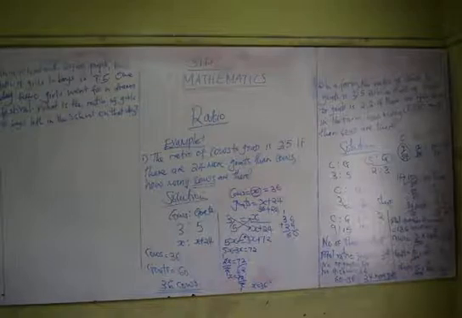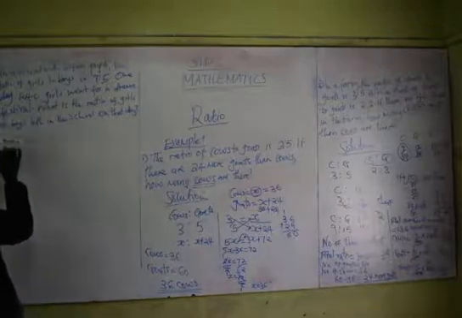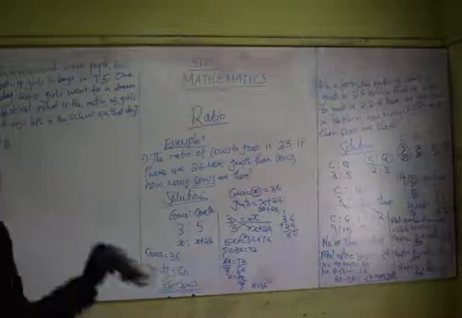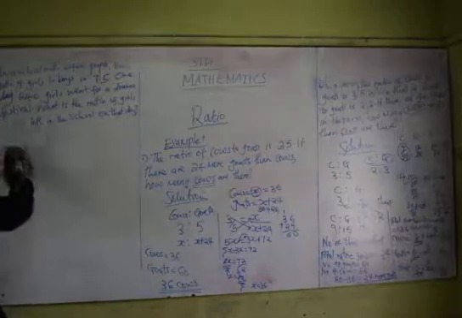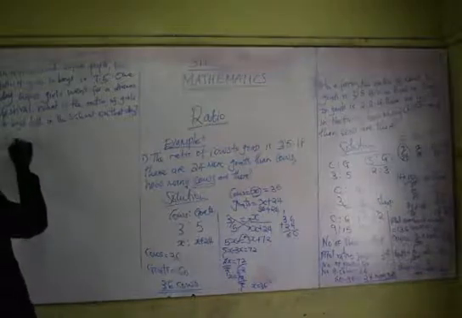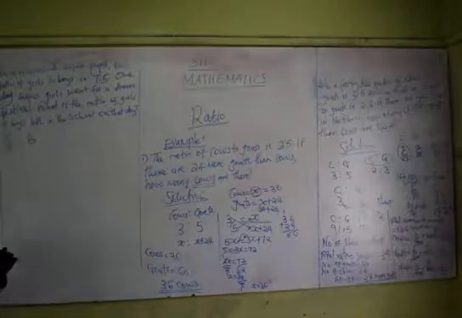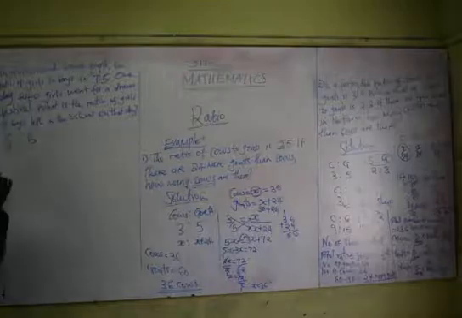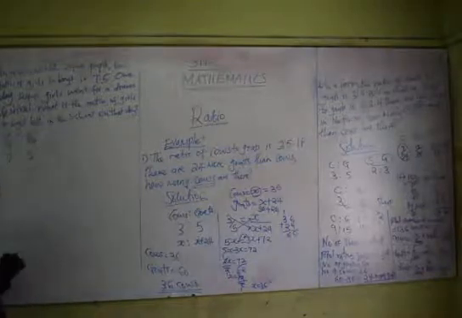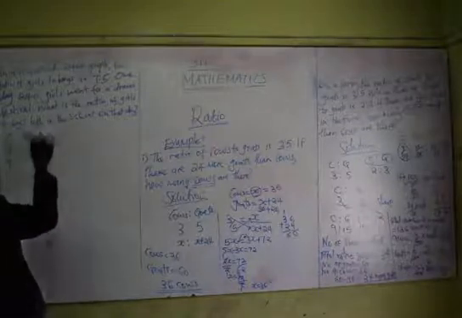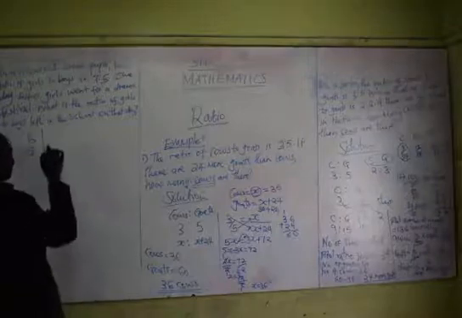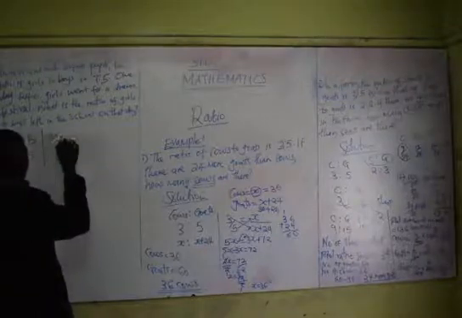So let's look at this. In this school, let us start as per the ratio given, which is actually girls to boys. So the ratio of girls and boys is 7 to 5. And the total number of pupils in the school, that is the total number of boys and girls, is 2,400.